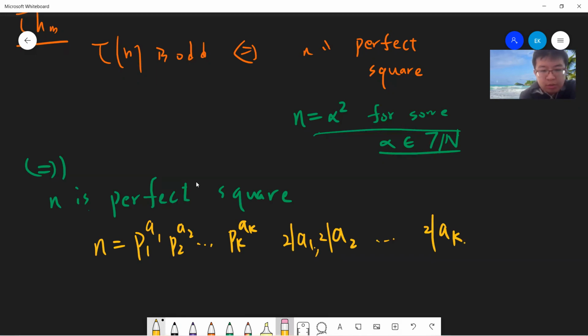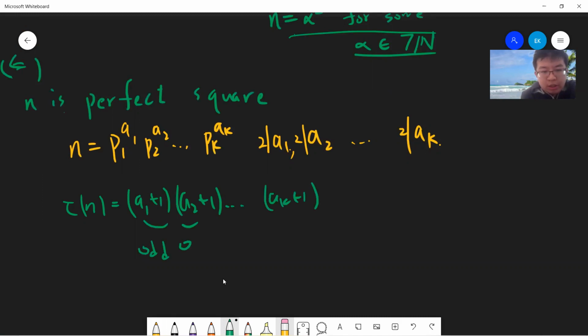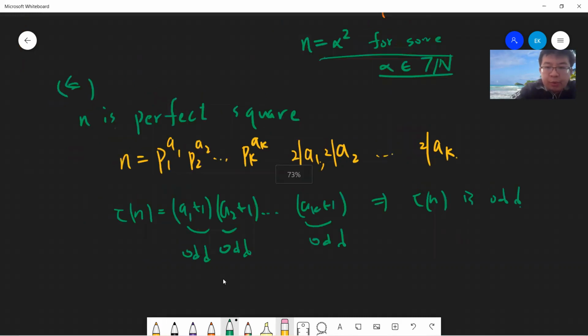Oh, sorry, I'm stupid. This is this direction, because I assume that n is a perfect square. Okay, so the tau of n will be (a1 plus 1) times (a2 plus 1) up to (ak plus 1). Okay, so this is odd, because 2 divides each ai, and so tau of n is odd.